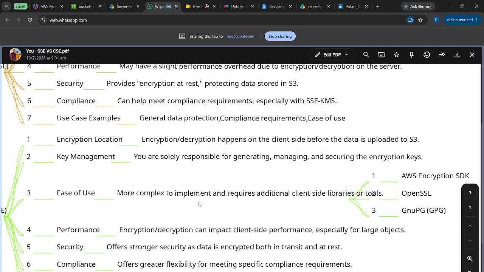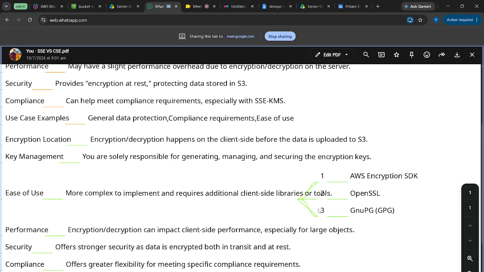Since you are creating it for yourself, you need to write whatever code is needed from scratch, right? But on the server side, they have already created it for you and it is available. You are only going to rent it or purchase and use it for yourself. That's why here it is more complex.